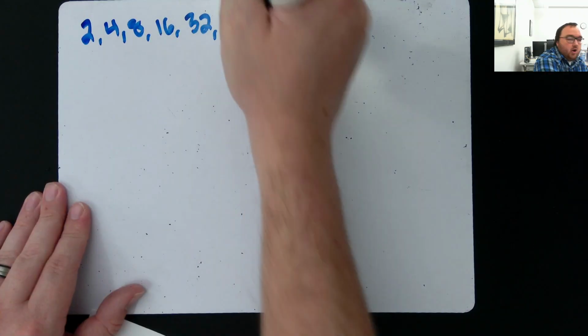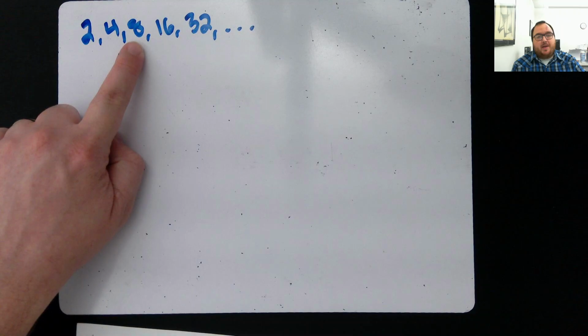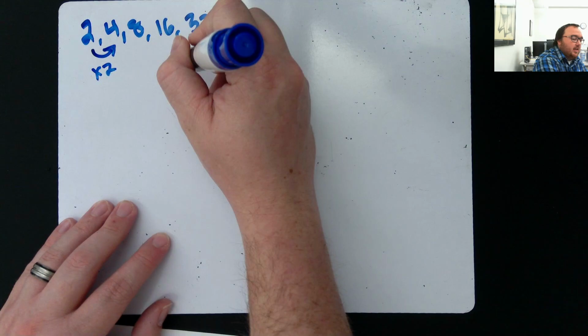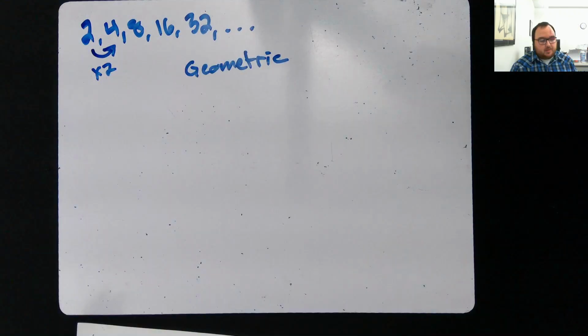Notice from every term, I'm going to do 2 times 2, which gives me 4, times 2, which gives me 8, times 2, which gives me 16, times 2, and then it would just keep going on and on. Since I'm doing times 2 for every one of these, that is geometric. Again, because I'm doing times the same thing for all terms.